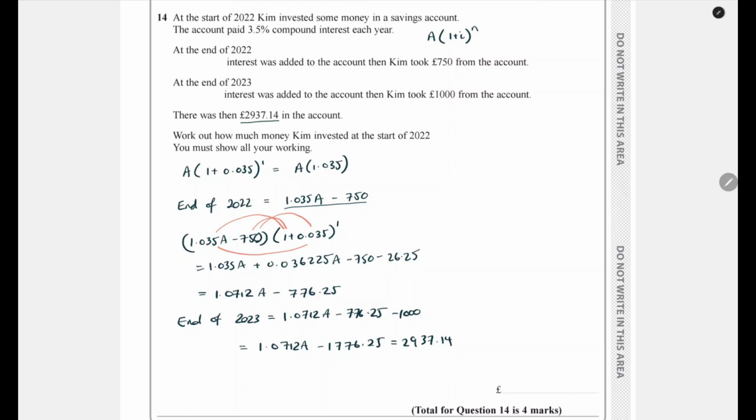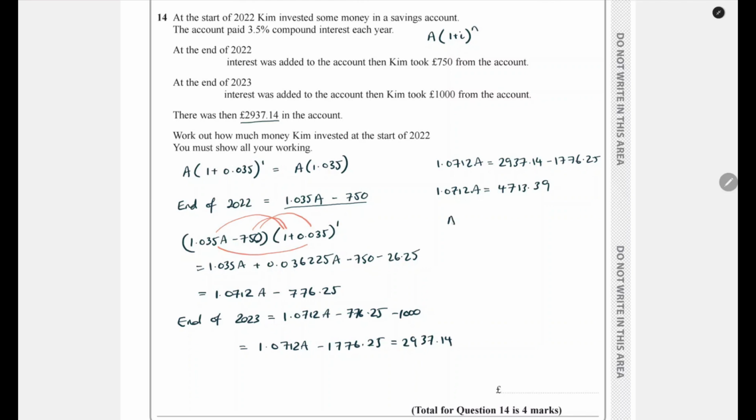So now all we need to do is rearrange to get A, the initial amount, the subject, and that is 1.0712A, which is equal to £2,937.14 minus 1,776.25, and that is equal to £4,713.39.